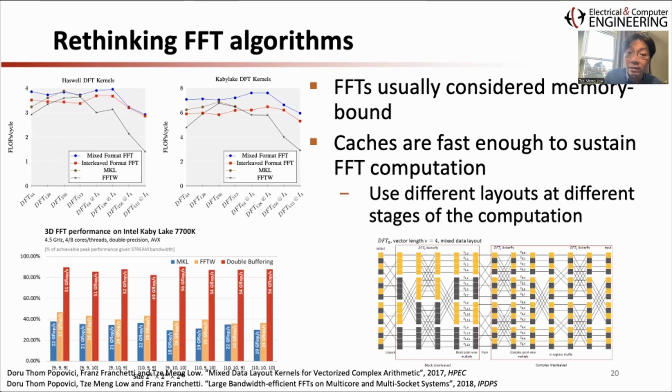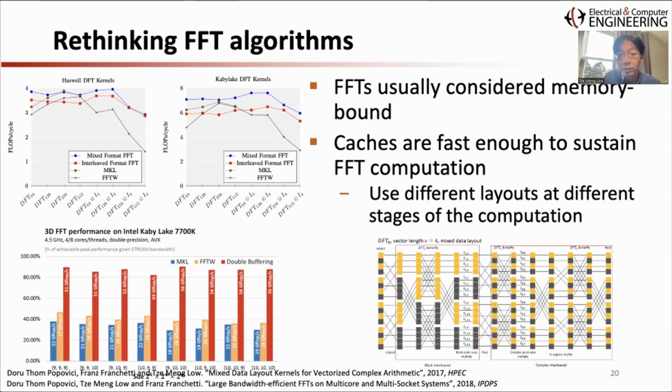Now, here peak is not your fused multiply add, but addition, because a lot of the computations within an FFT are usually additions and subtractions instead of fused multiply add. But nonetheless, what we are showing is that if you know where the data is, then you can predict how good you are at using your functional units.